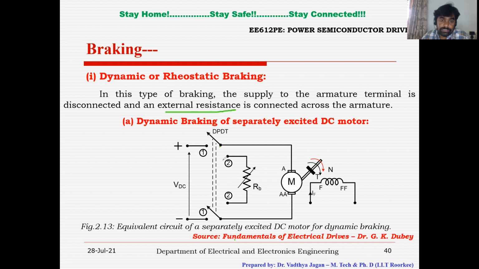First we'll see when the double pole double throw switch is connected to position number 1. Now this machine will behave like a separately excited DC motor, right?